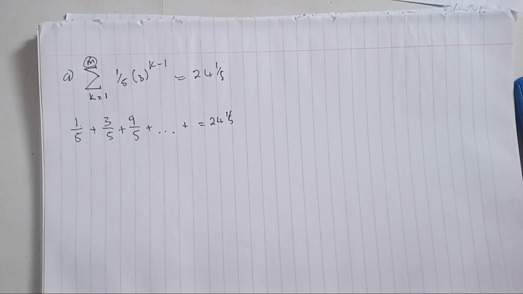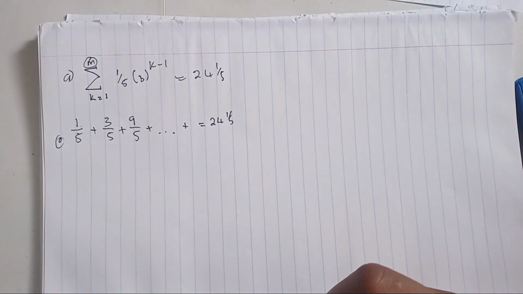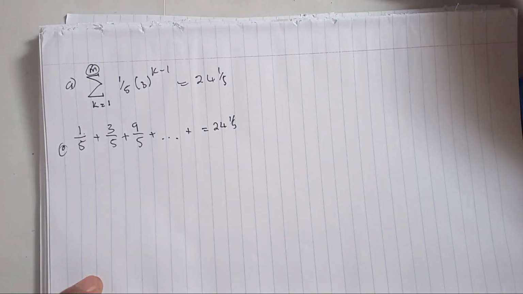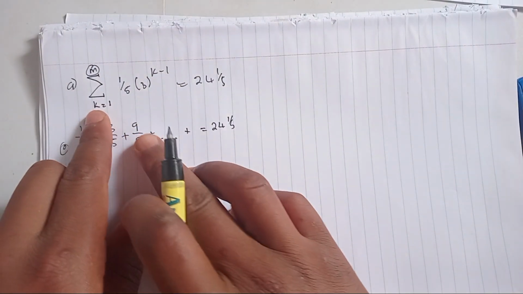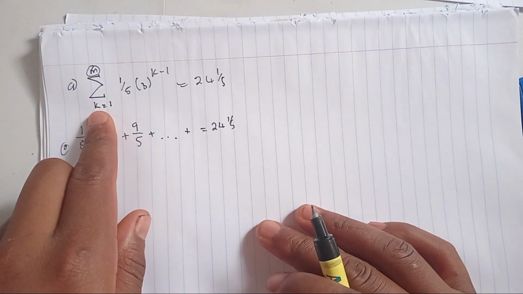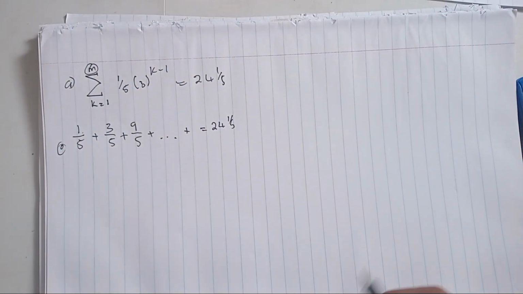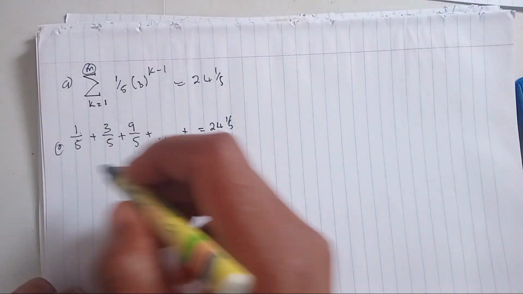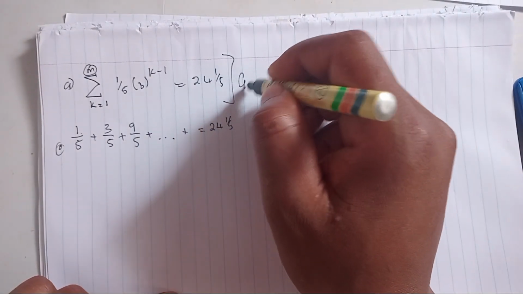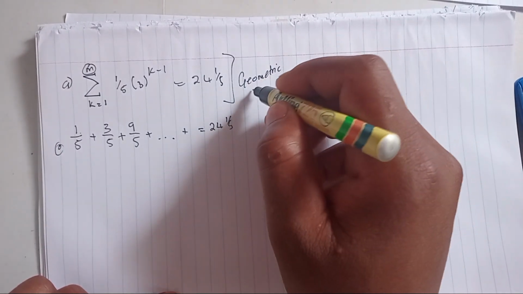Now the second step: we're going to identify the type of series that we have. It's either a linear or a geometric series. Guys, if you see the variable k from the first term as an exponent, we already know that it will be a geometric series. So in our case here, we are dealing with a geometric series.